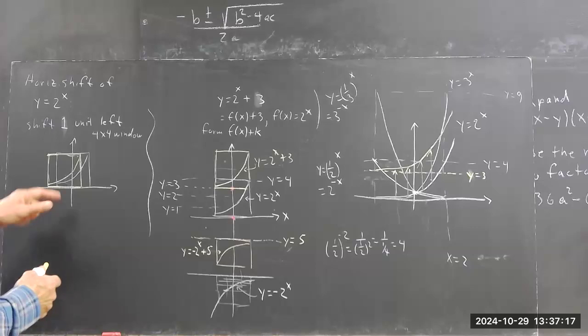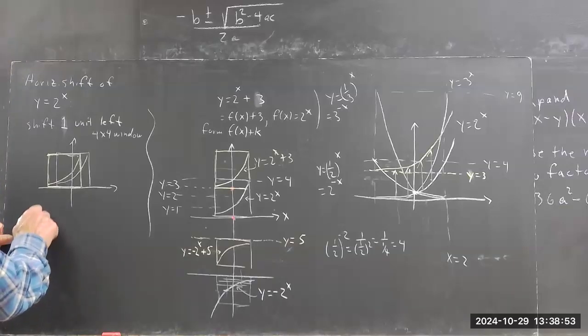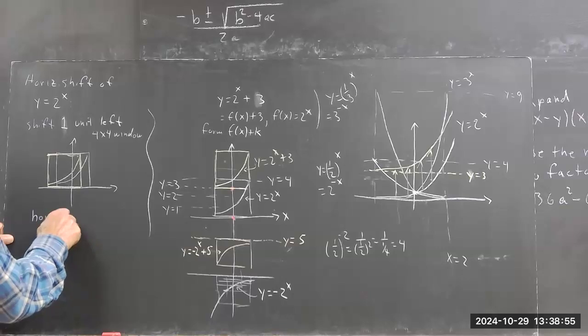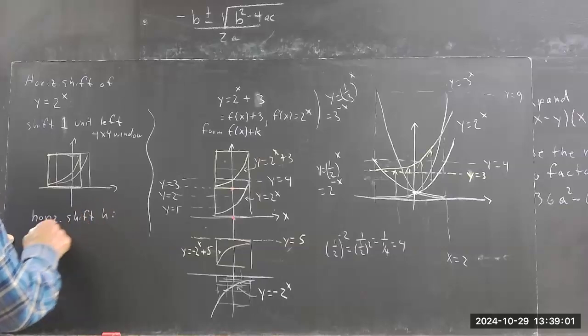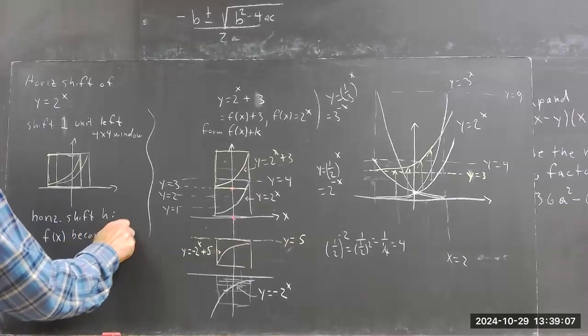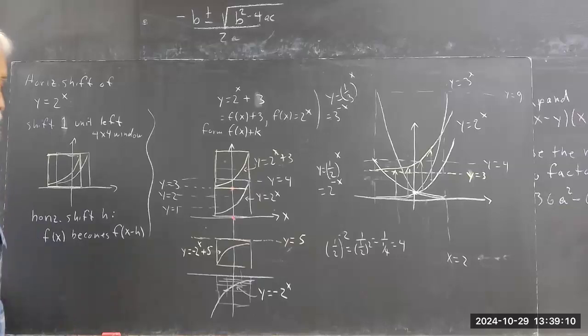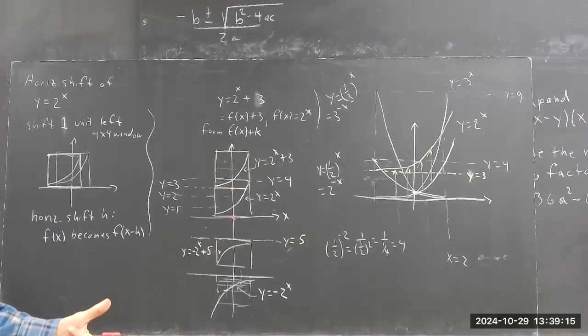Okay, well, what's the equation of that line or that curve? It comes out as f of x minus h, right?